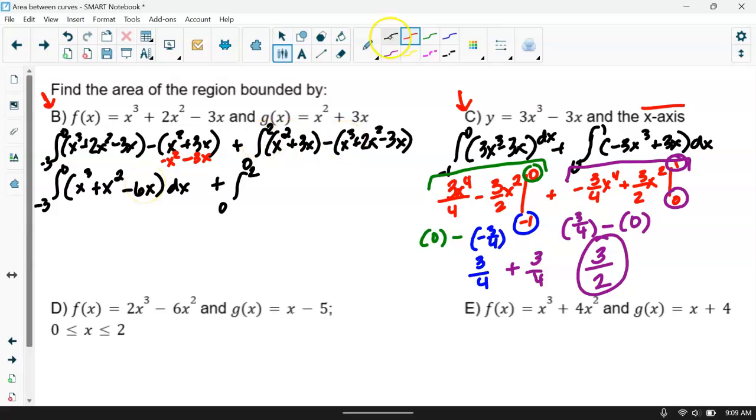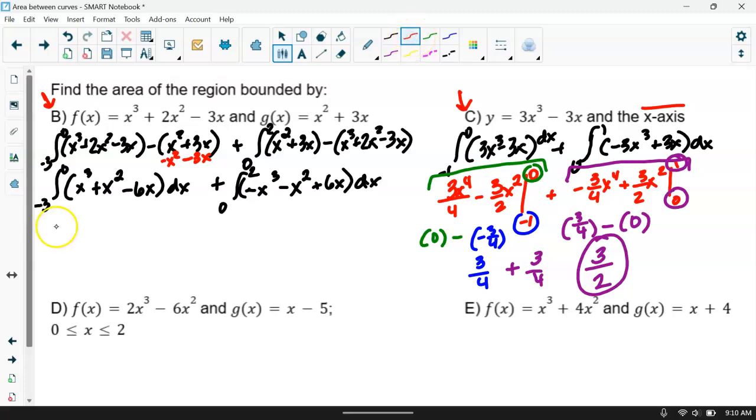Then here, after distributing your negative, you should have negative x cubed minus x squared plus 6x, again with respect to x. So again, now pause the video, get the integrals.